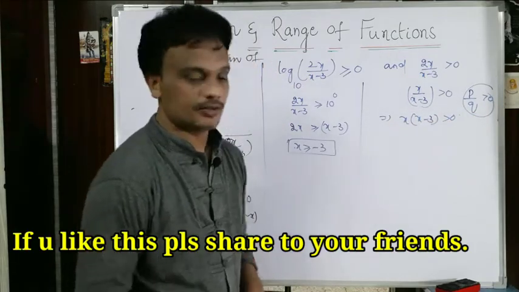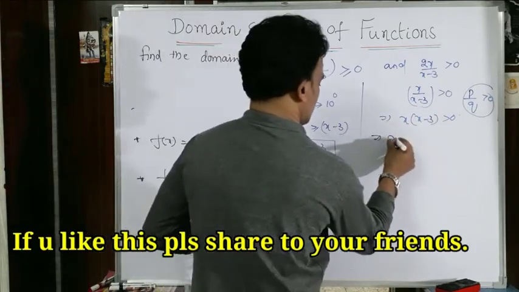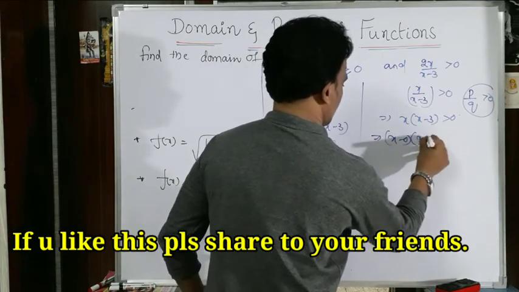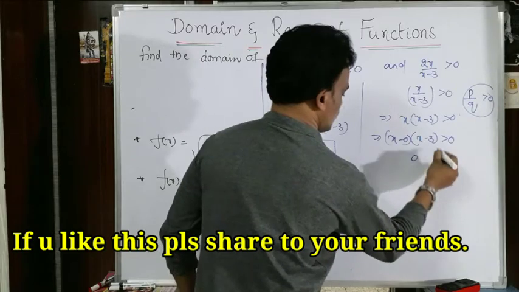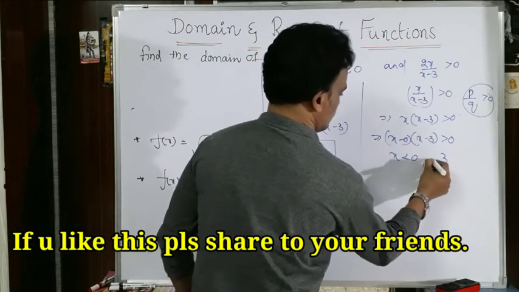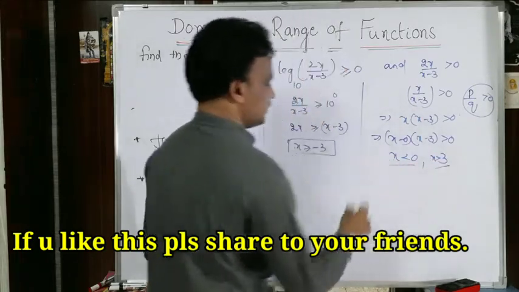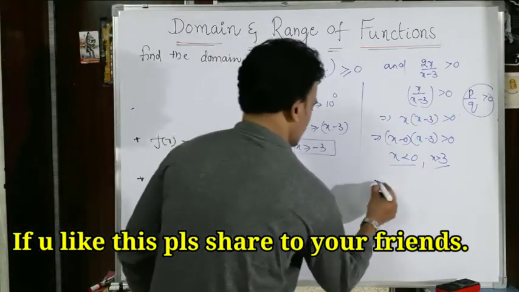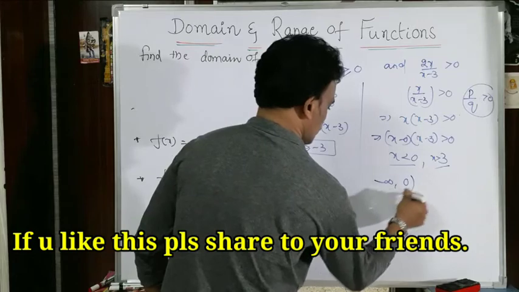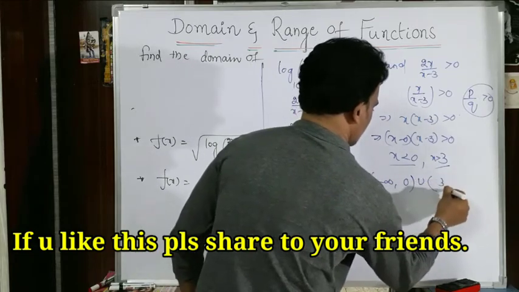The same thing I can write: x minus 0 into x minus 3 is greater than 0, x does not lie between 0 and 3, that means x less than 0 or x greater than 3. That is, minus infinity to 0 open interval union 3 to infinity.